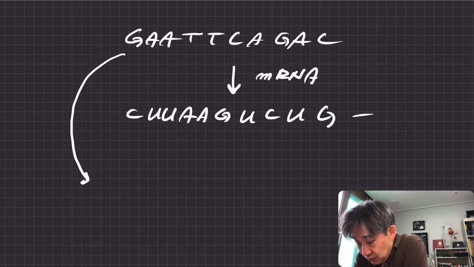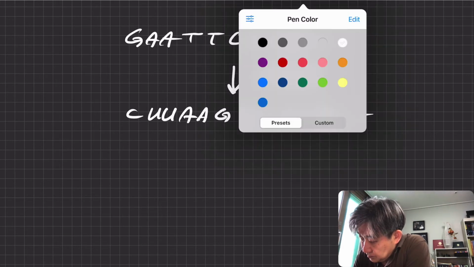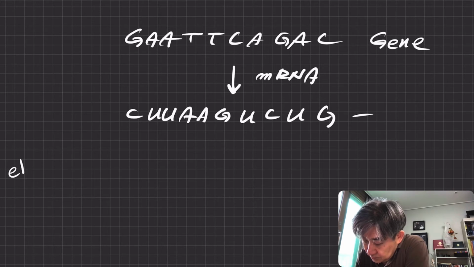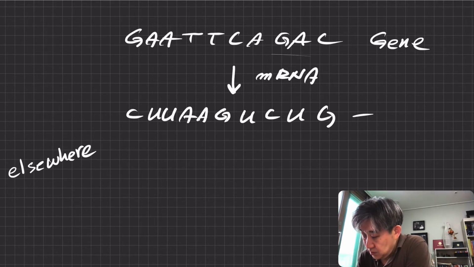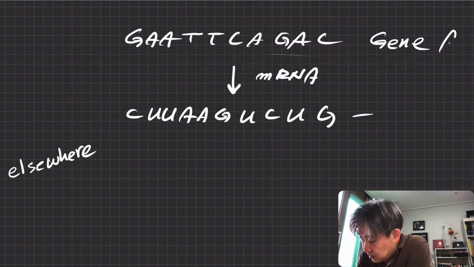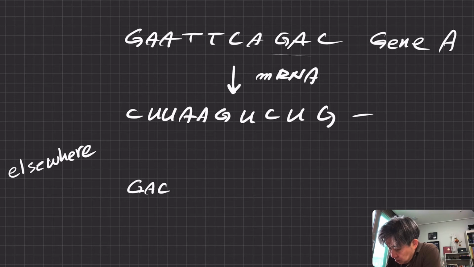However, in the genome, so this is one gene, and somewhere else there is a gene sequence that is very similar but not identical to this gene A. Let's say this is gene A. And what I mean by that is something like G A C T, for example, A C A C A C.